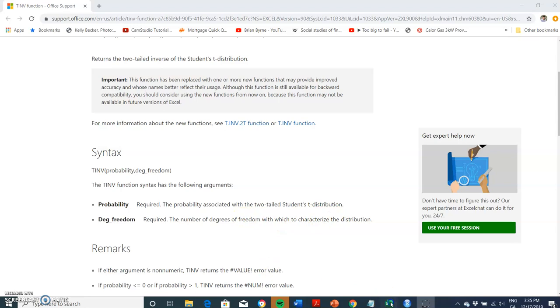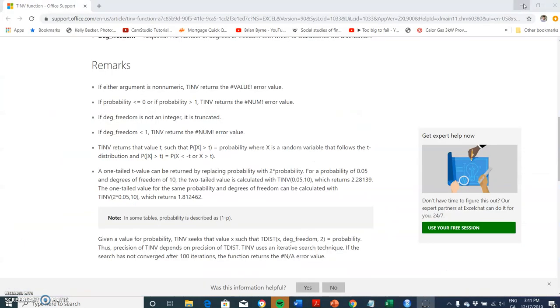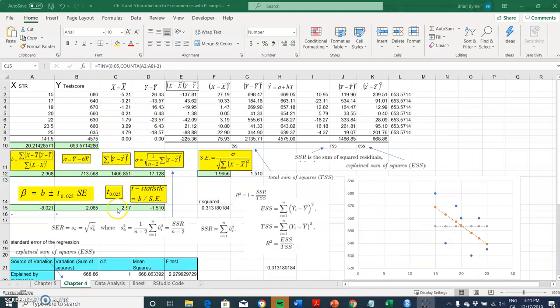Okay, so we go back in, we just look here for a moment at the t value that we have here, and we use this, we identify the probability, the degrees of freedom, and then we use this value, the 2.57, to construct the confidence interval. Again, we use these t statistics.